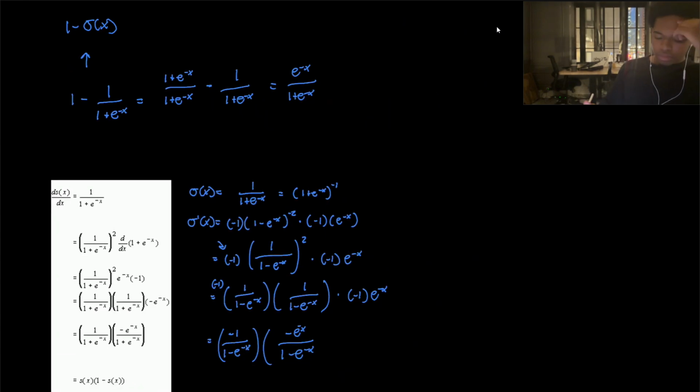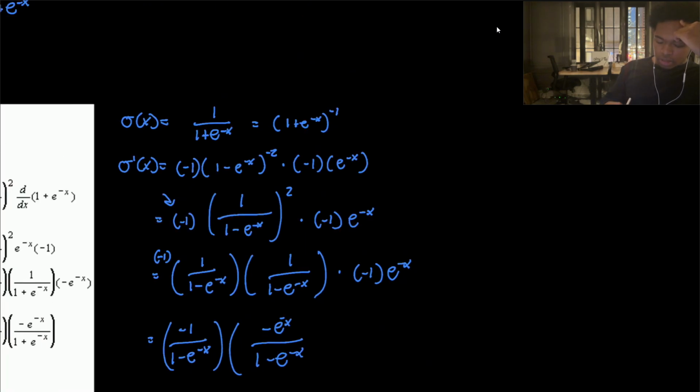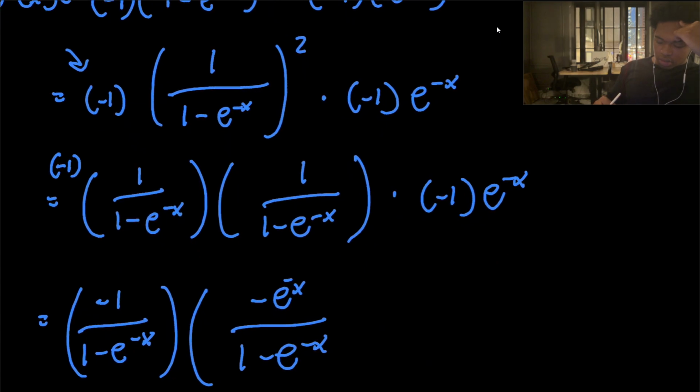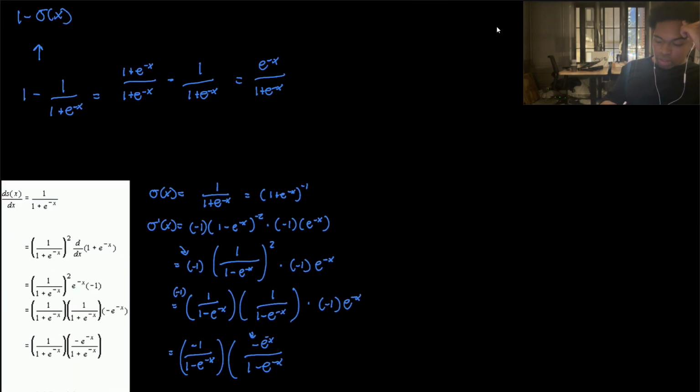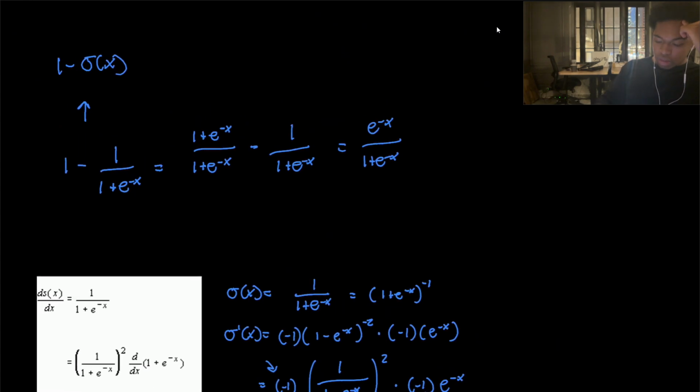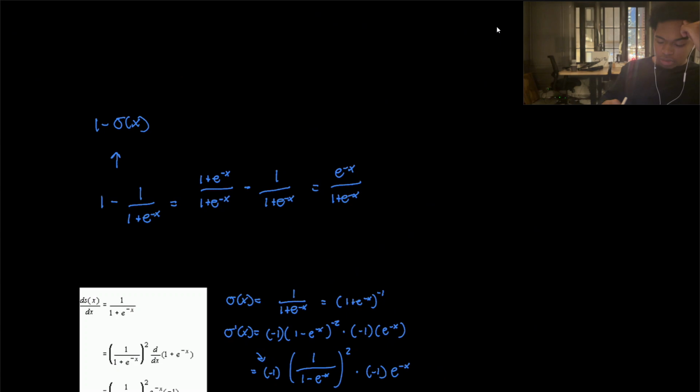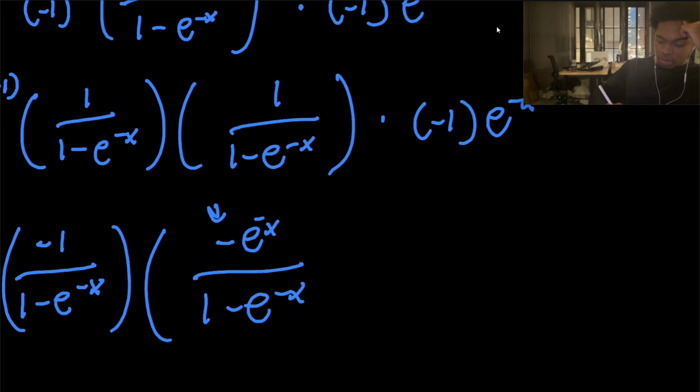So this is negative 1 over sigmoid of x. I mean, what's it called? This is sigmoid minus 1 or something. You know what I mean? Sigmoid plus 1? No, sigmoid minus 1.